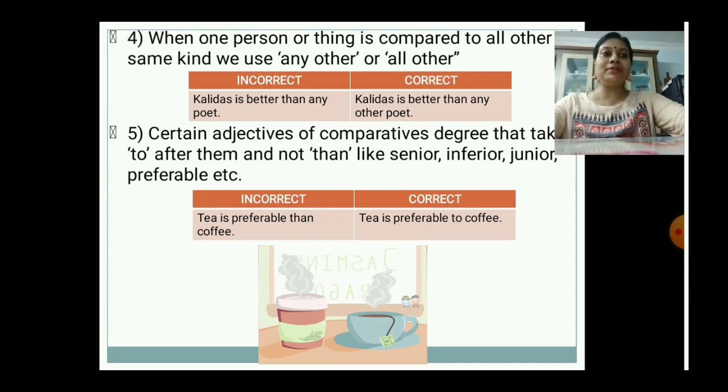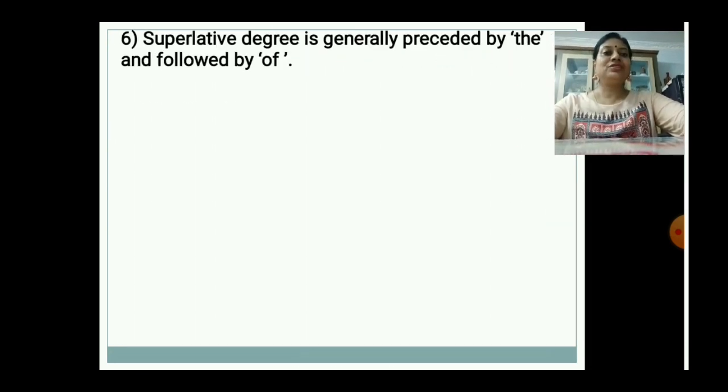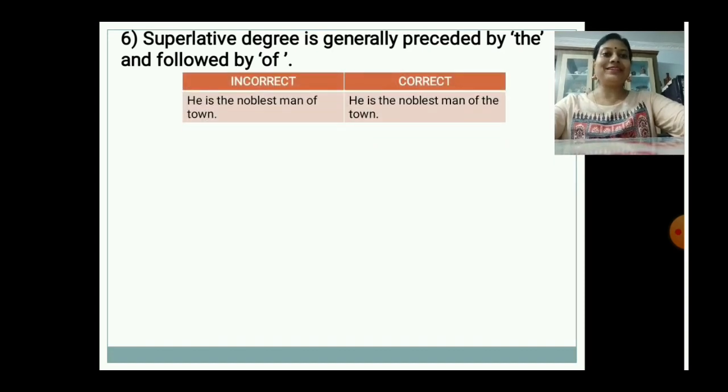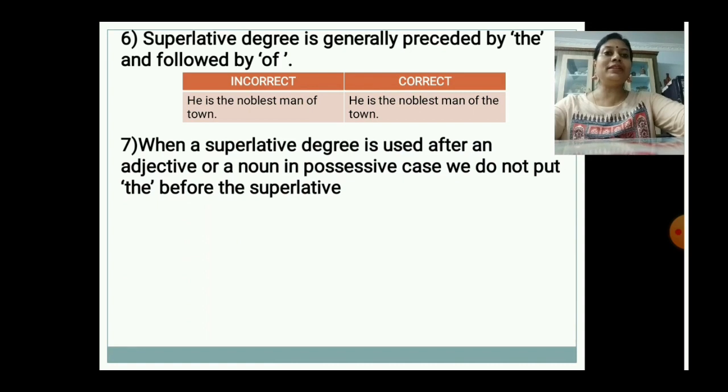Tea is preferable to coffee. The superlative degree is generally preceded by the and followed by of. For example, he is the noblest man of town. So the correct way of writing this is, he is the noblest man of the town.